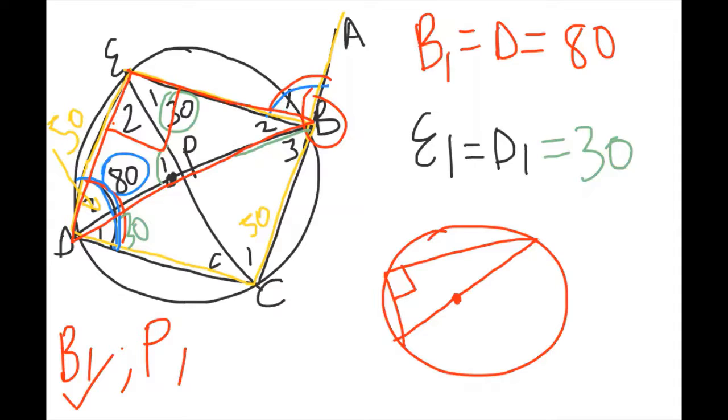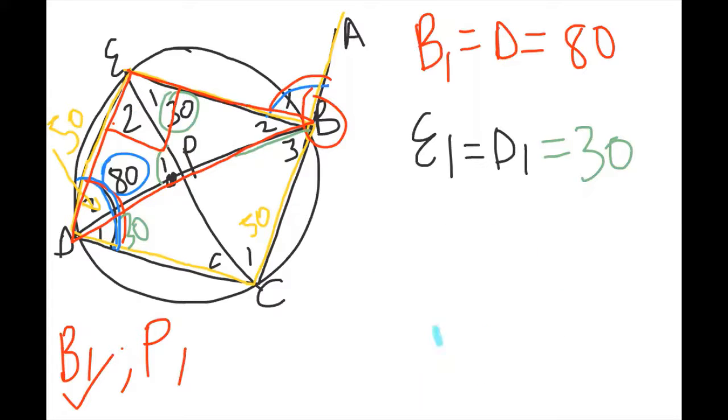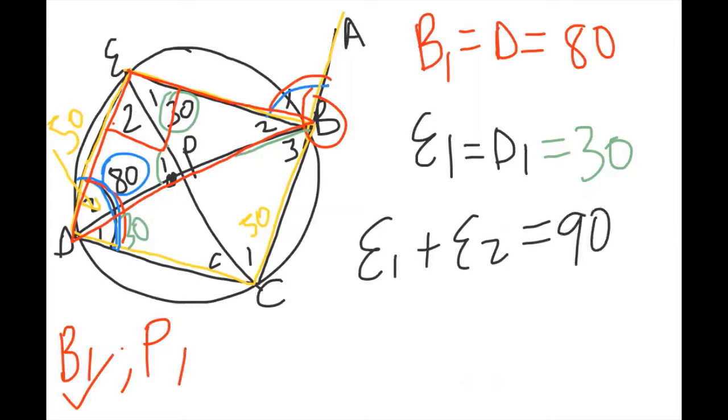So if we draw it like that, any angle through the center, then this will be 90. That's why this whole E1 plus E2 is 90. Let's write it down: E1 plus E2 equals 90. Then E2 will equal 60.